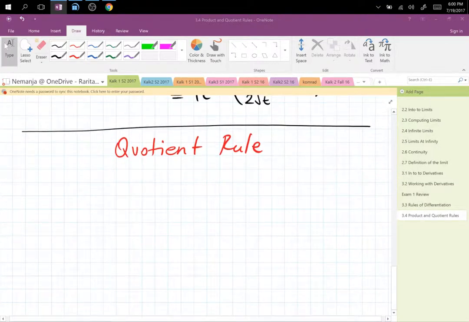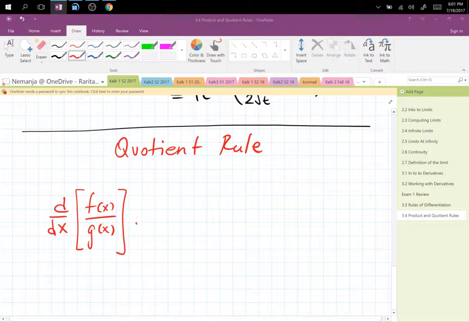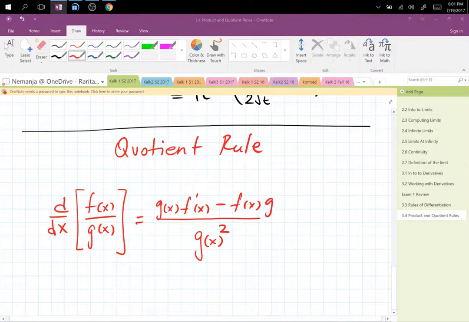So the quotient rule: the derivative of f of x divided by g of x, provided that g of x is not 0, we'll take g of x squared in the denominator, and we have g of x f prime of x minus f of x g prime of x.